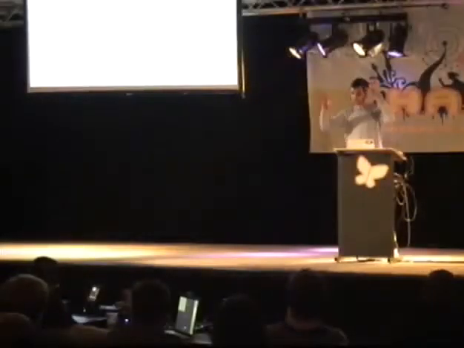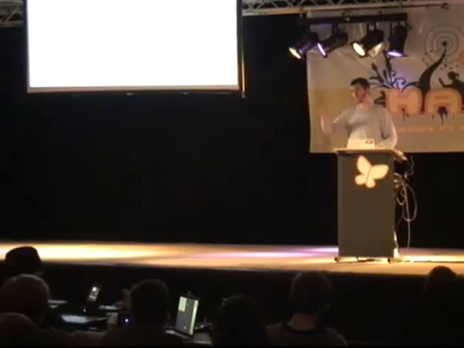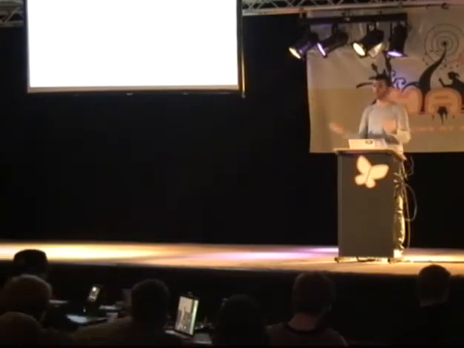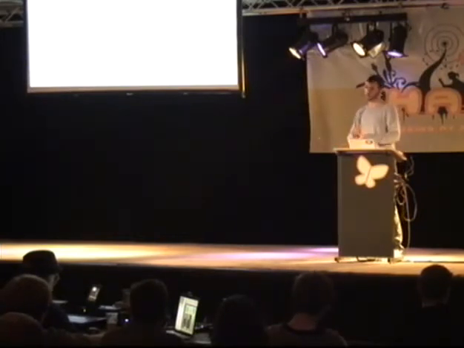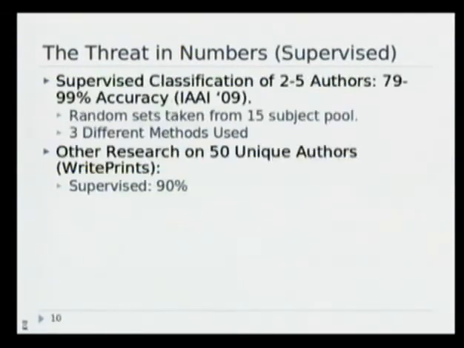They were taking just 2 documents from each author and comparing one set to the other to try and link them. So this is a much easier problem than simply looking at an unknown number of authors, an unknown number of posts per author. But still, these are encouraging results that show that the threat is there, and maybe a little more work needs to be done to really solidify the numbers.